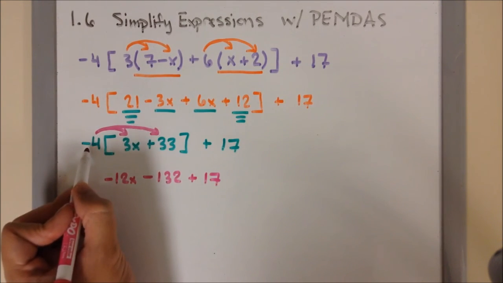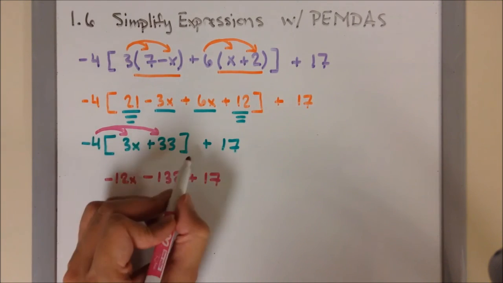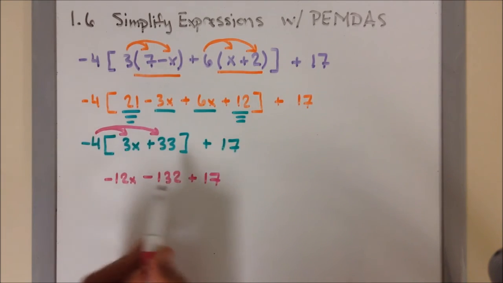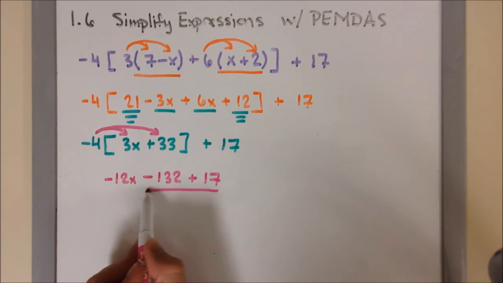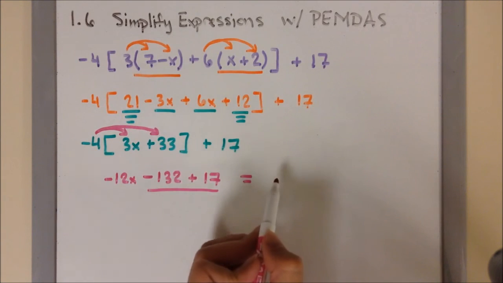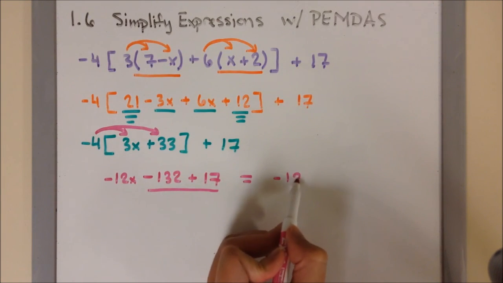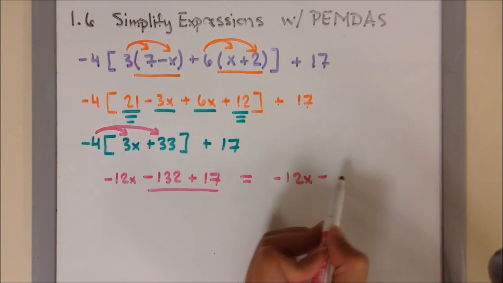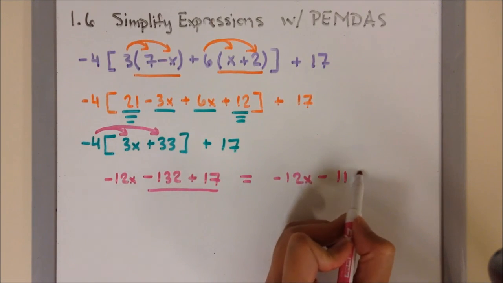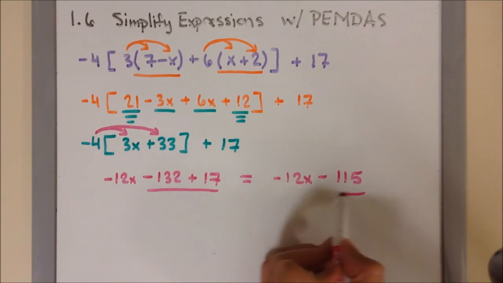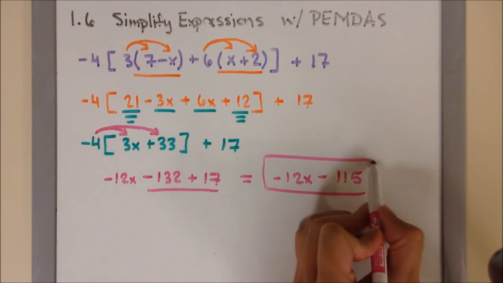And again, after I distribute the negative 4, I did not keep the bracket. I can let it go. Next, I'm going to combine the numbers together. So our final answer will be negative 12x minus 115. So our final answer is negative 12x minus 115.